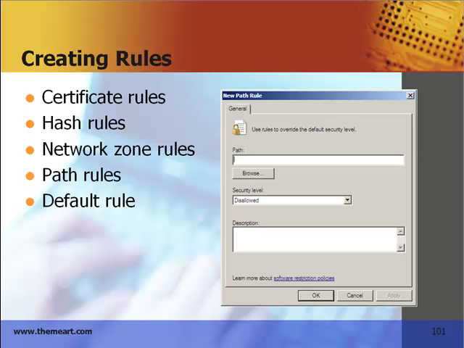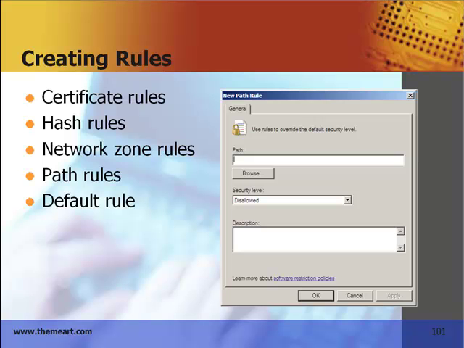We do this by rules, and I mentioned here we've got certificate rules and hash rules. Certificate rule, basically you're saying, hey, if the app isn't signed with this particular certificate, you can't run it. Hash rule, let's do a hash rule last. Path rule would say you can't run something if it's in this particular location or if it's not in this particular location.